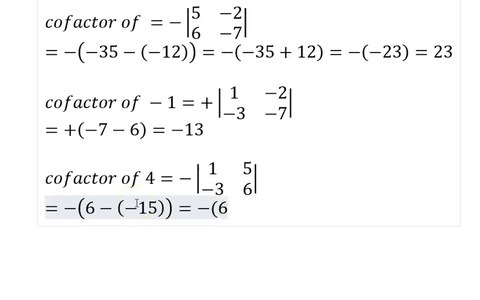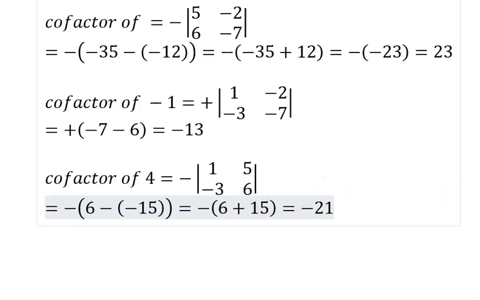So we have 6 plus 15, which will give us 21. So we have minus here, so we now have minus 21. Beautiful. So we are done with that.